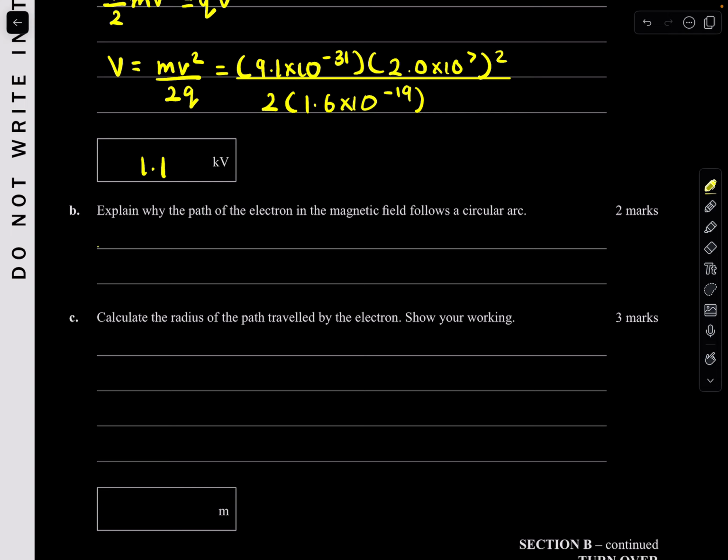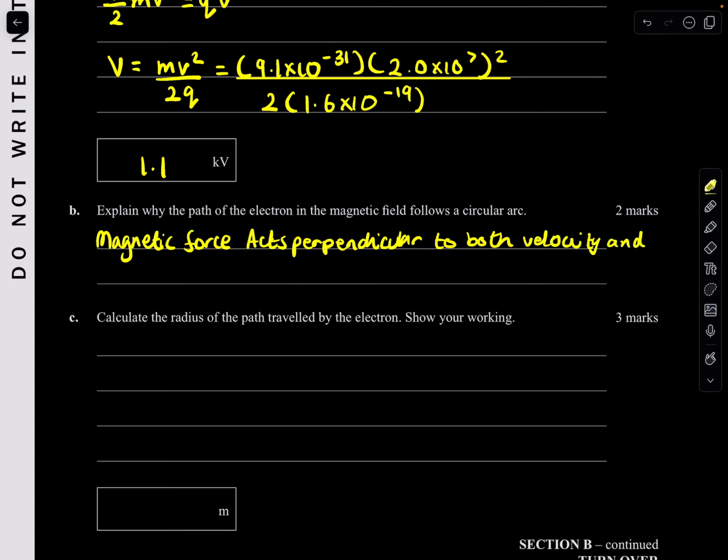So what we're going to say is: magnetic force acts perpendicular to both velocity and magnetic field.